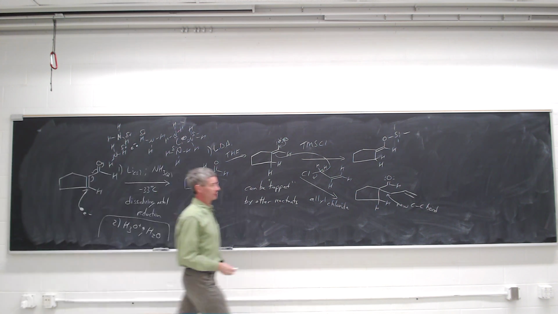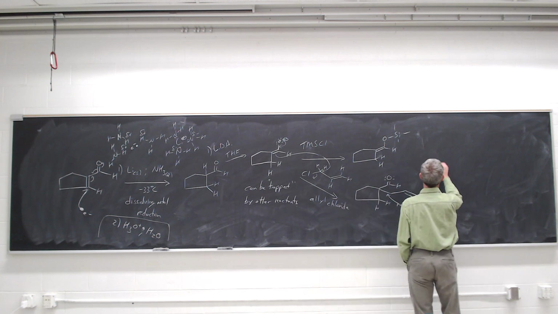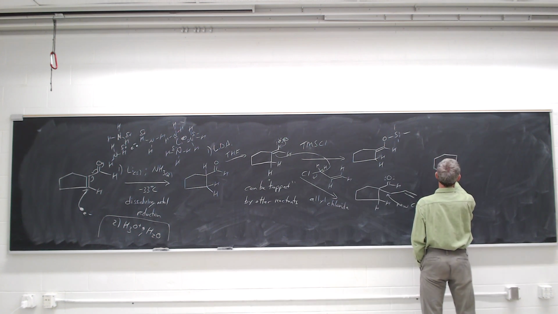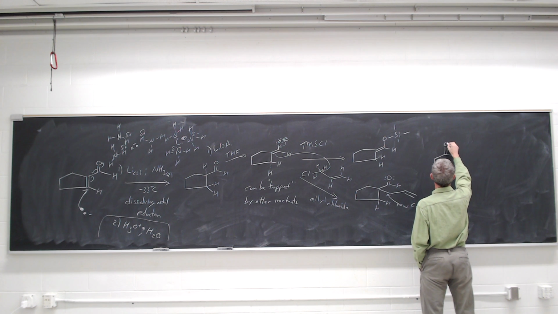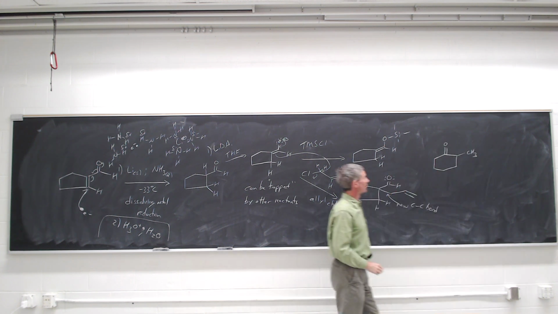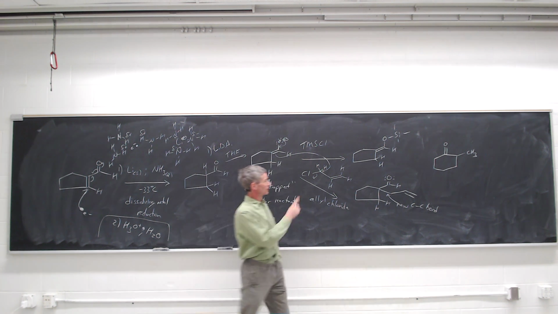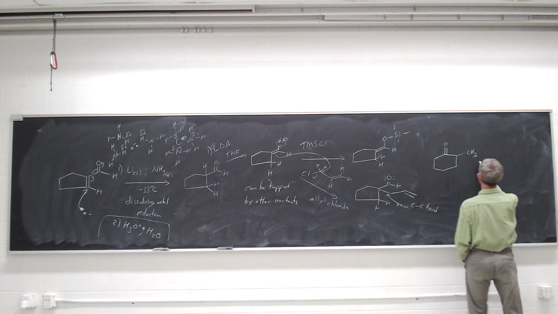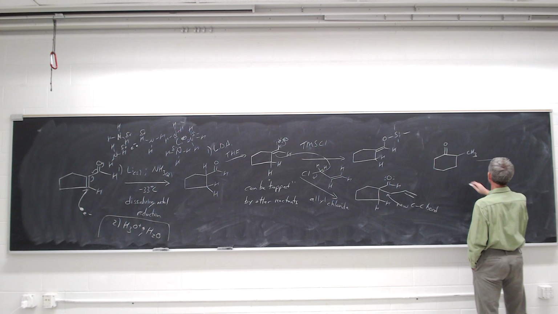We have a situation like 2-methylcyclohexanone where treating this with a strong base would generate a mixture of enolates.